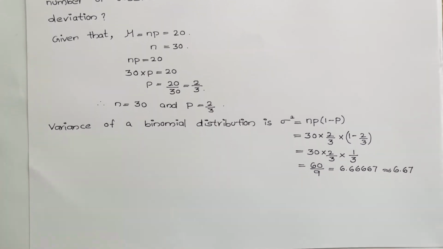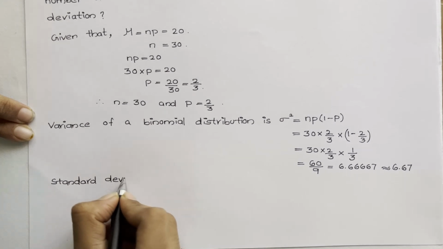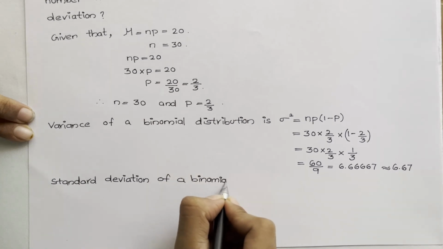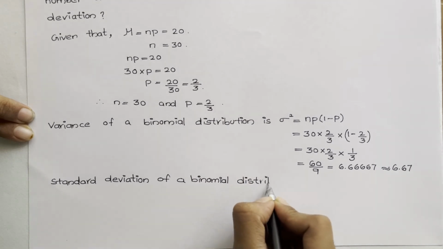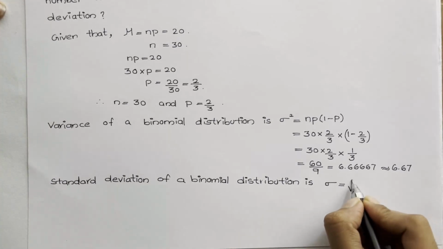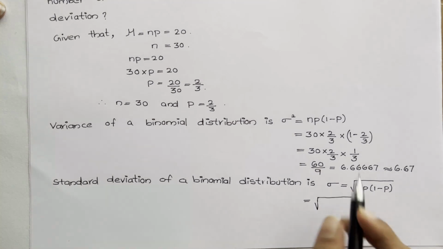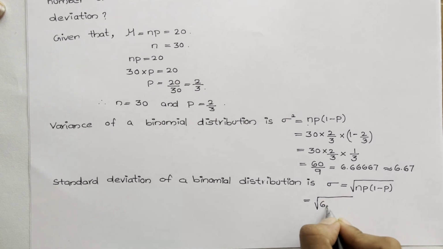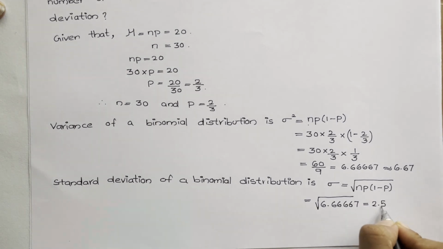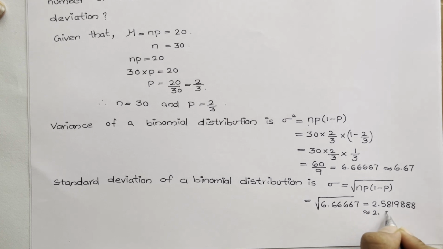Now we have to find out the standard deviation of a binomial distribution. Sigma equal to root of np into (1 minus p) equal to root of 6.6667 equal to 2.5819888, and it is approximately equal to 2.58.